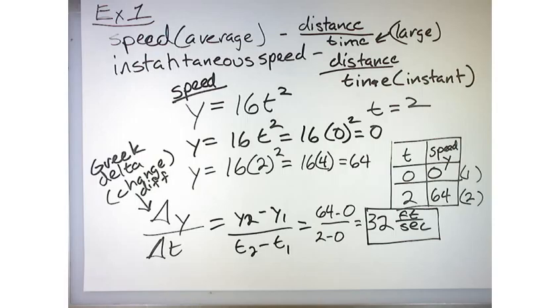So here the instantaneous speed at t equals 2 seconds is 64. But if I were to average the speed, it would be about 32 feet per second. Does that make sense? And we're saying that's the speed, but really that's the displacement, right? He's really moved 64 feet in 2 seconds. Does that make sense to you guys?